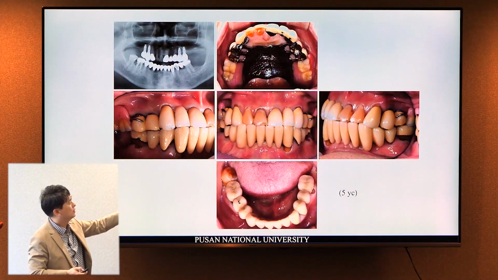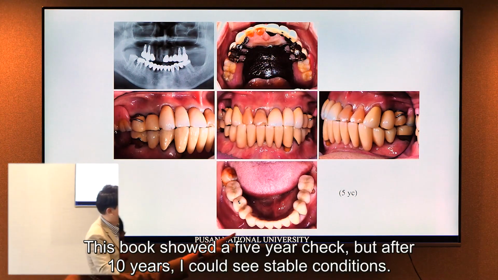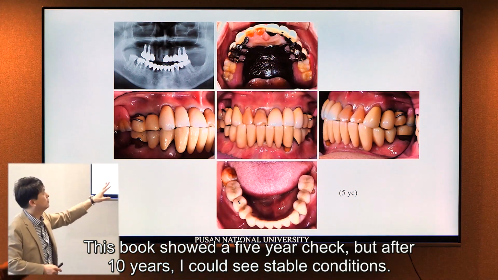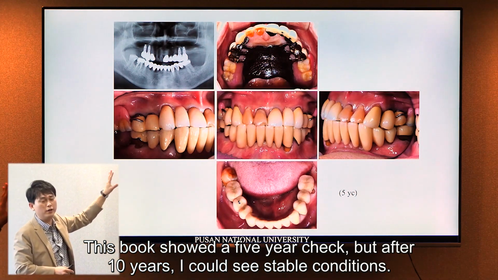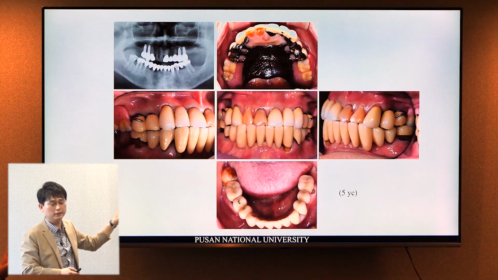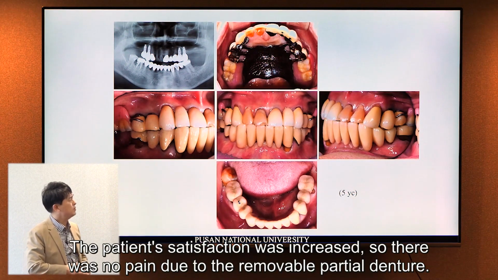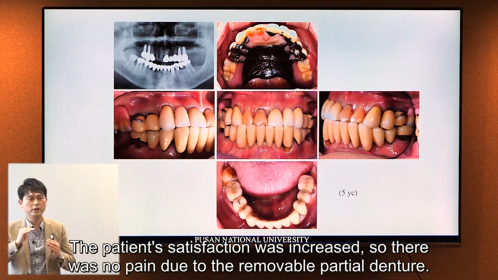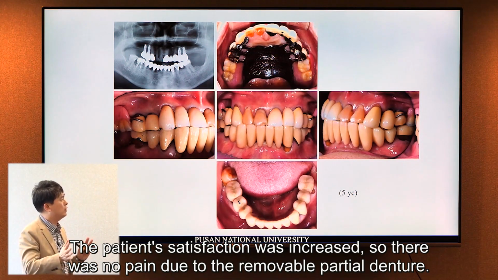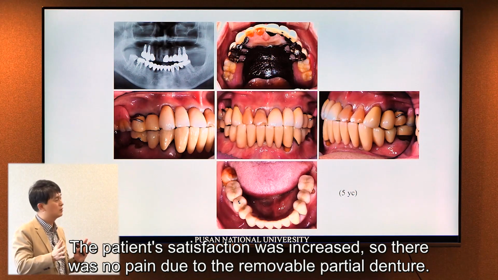This patient, this book showed the 5 years check, but 10 years later, I could see the stable conditions. Especially the patient satisfaction was very increased. So there is no other pain from the removable partial denture.